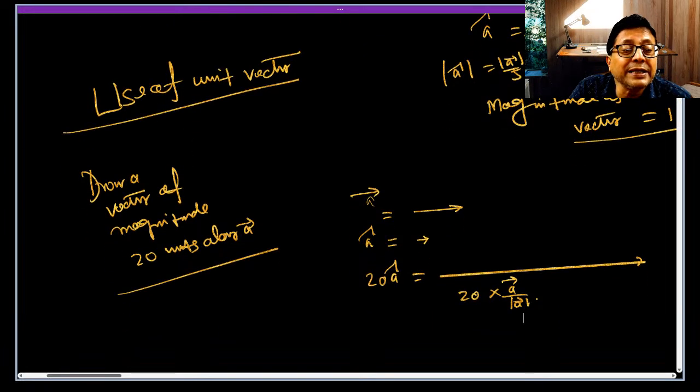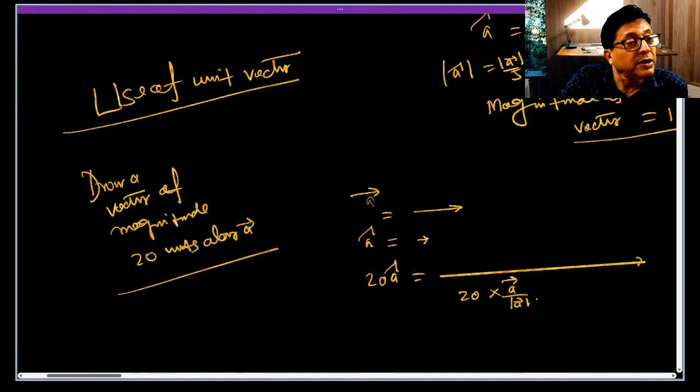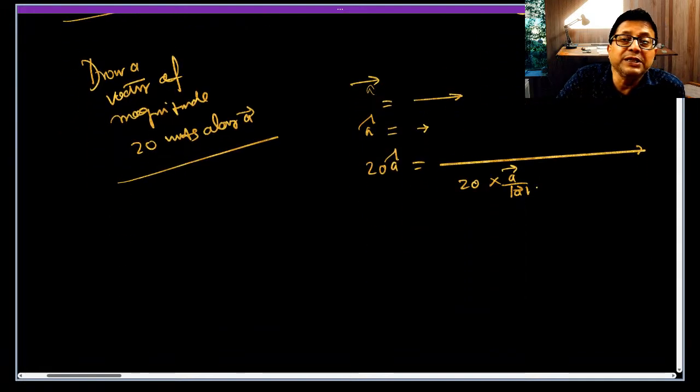So any vector of a certain magnitude along the direction of a given vector, we can draw by multiplying the unit vector by a scalar. If m units are required, then we will multiply the unit vector by m. 20 units required, that's why we multiplied by 20 A cap.